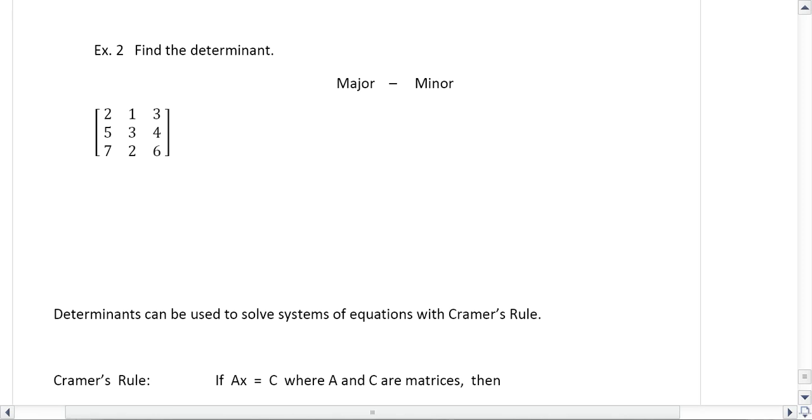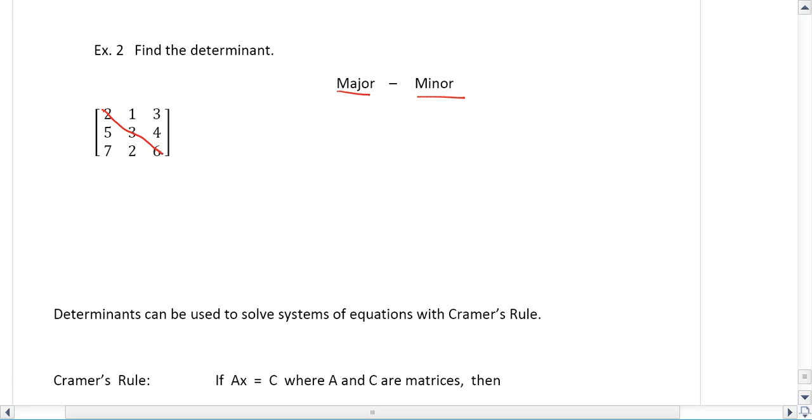Next, we're going to look at finding the determinant of a 3 by 3 matrix. And again, it's the product of the major diagonal minus the product of the minor. Except when you look at a 3 by 3, you actually have 3 major diagonals. I'll just draw lines through them.